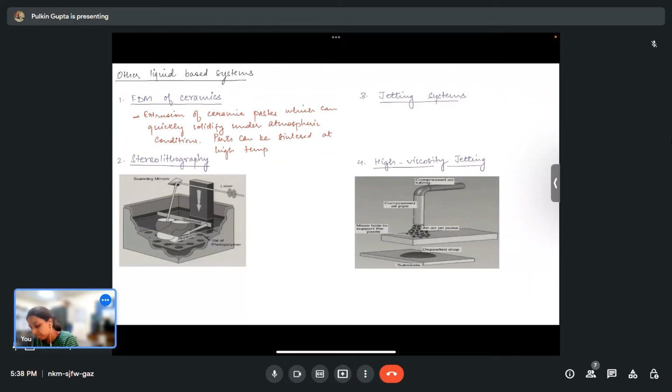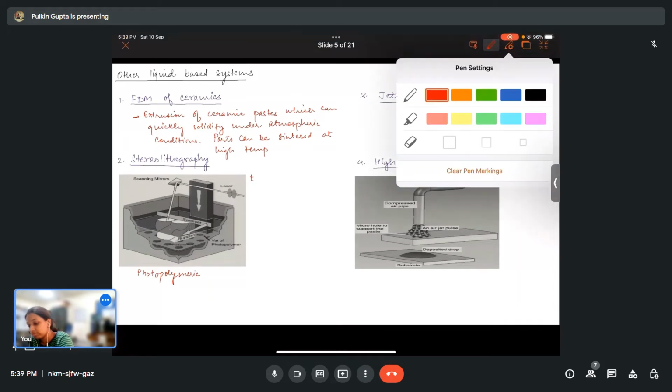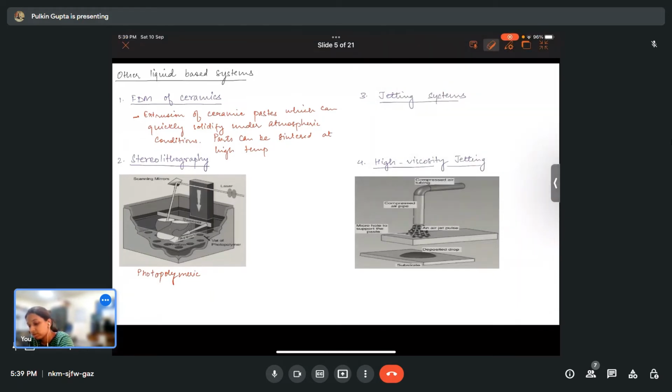So this is extrusion based stereolithography, extrusion based SLA.